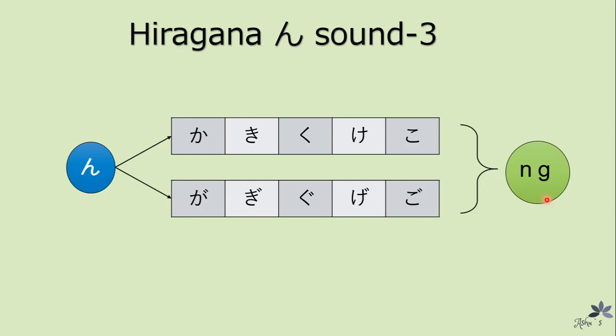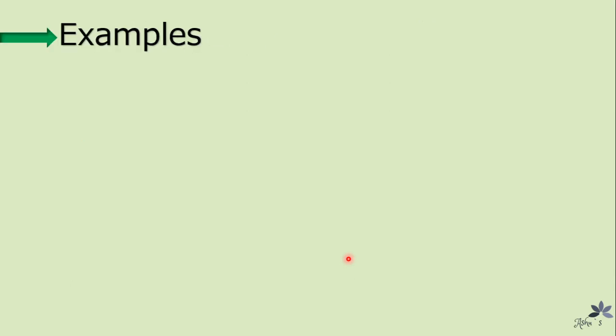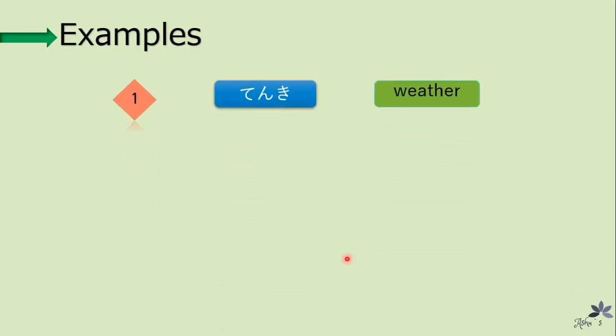Okay, let's go with some examples. The first one I have here is Tenki. Now we have ki after n, and so we have to pronounce this word as tenki, which means weather.